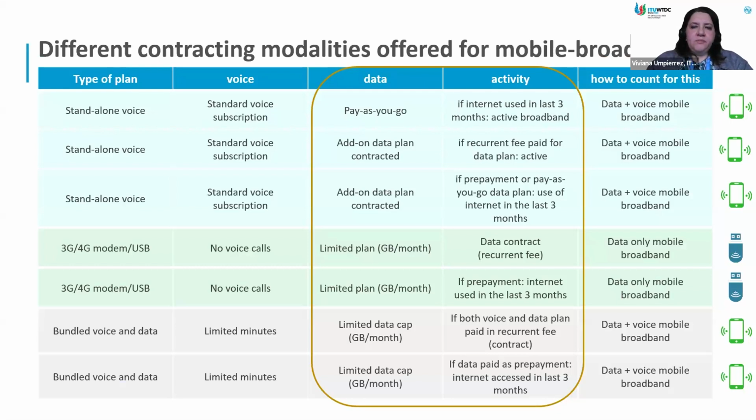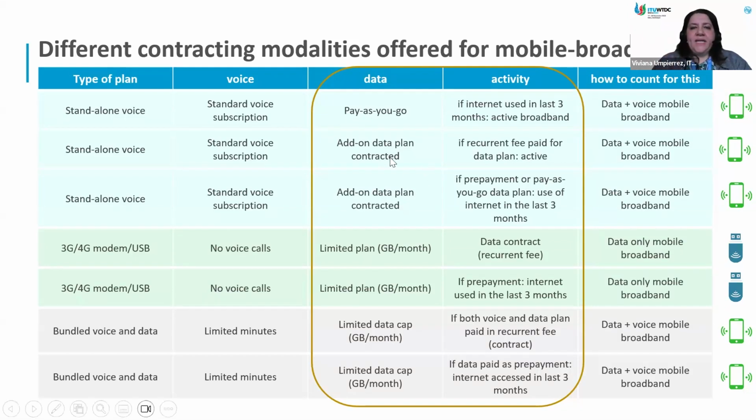Here you have a table, which shows most of the plans that can be offered by an operator. It can be, for example, a standalone service, then you have a subscription to the voice. But to identify what kind of mobile broadband service it is, whether it has data and voice or data only, I have to see if there is pay as you go or a contract service or whatever.